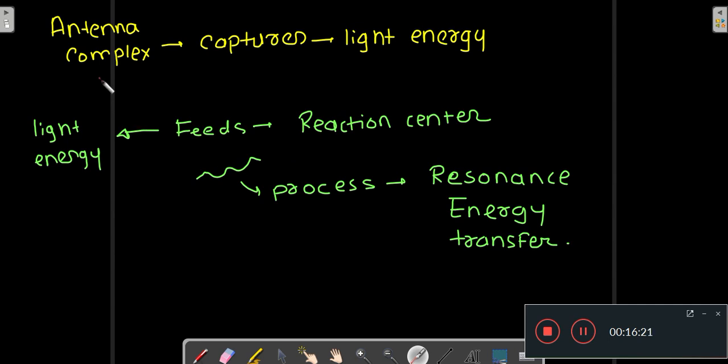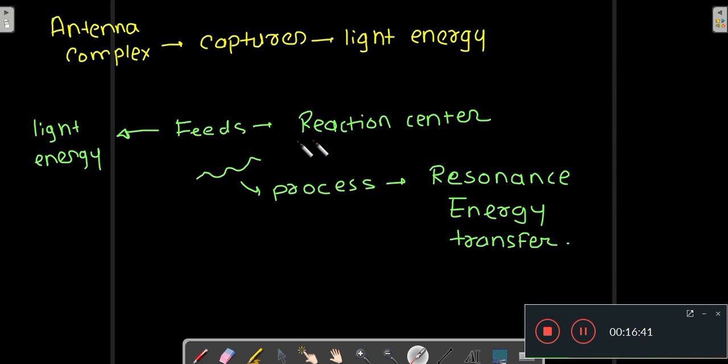Now, what does the antenna complex do? The antenna complex captures the light energy, and then feeds this light energy to the reaction center.